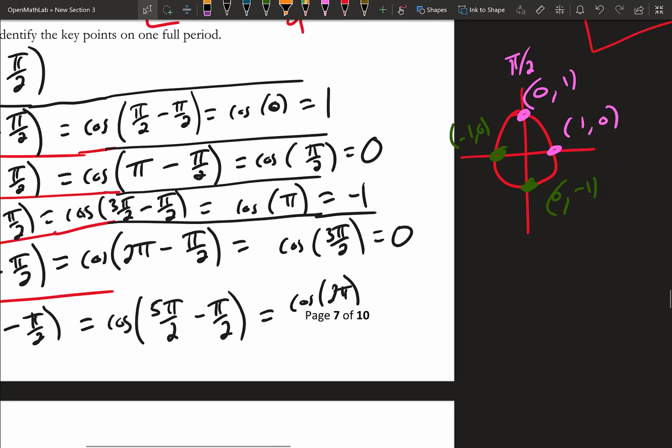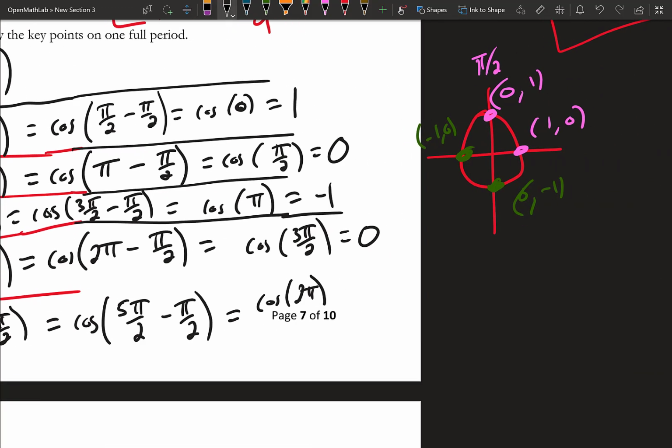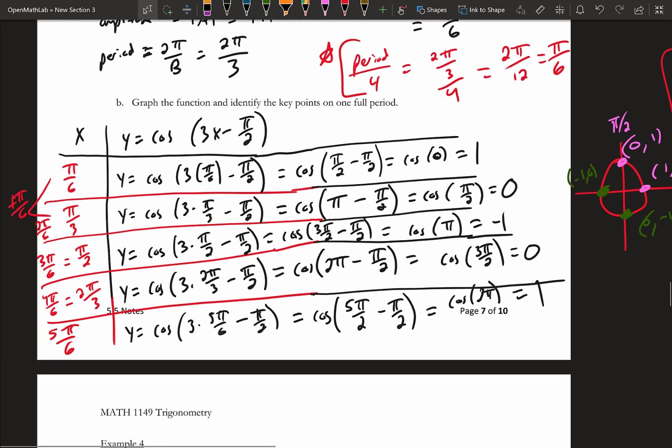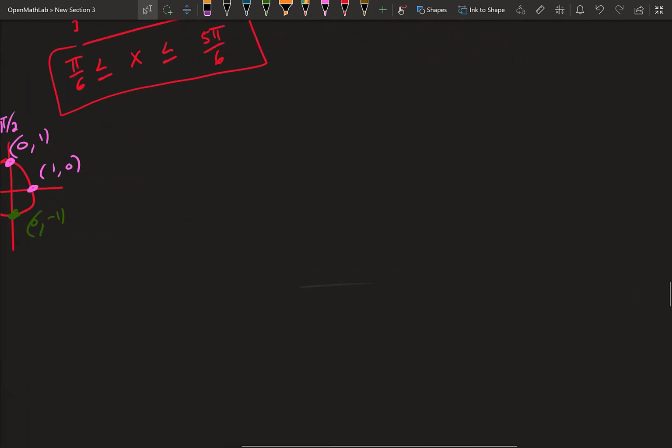Right, so now we're back at the point 1, 0. So cosine is the x-coordinate, so this would just be equal to 1. Right, so we have this t-chart filled in for this function. So now we want to graph it. I ran out of room, so I'll just come over here and graph this.